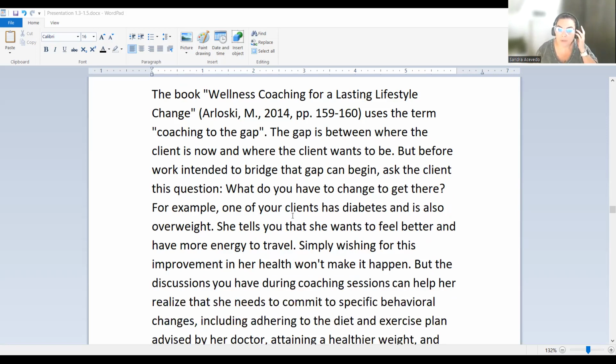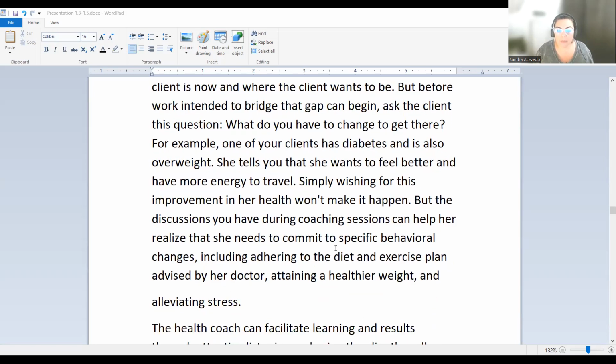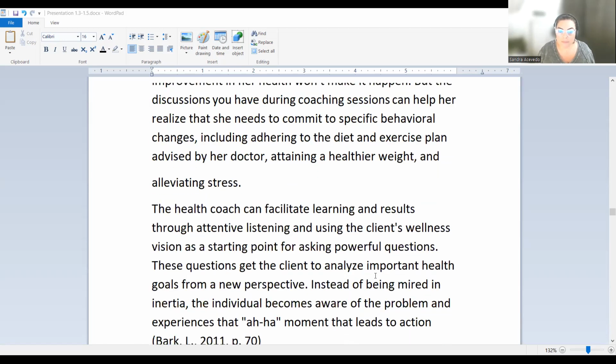For example, one of your clients has diabetes and is also overweight. She tells you that she wants to feel better and have more energy to travel. Simply wishing for this improvement in her health won't make it happen, but the discussions you have during coaching sessions can help her realize that she needs to commit to specific behavioral changes, including adhering to the diet and exercise plan advised by her doctor, attaining a healthier weight, and alleviating stress.